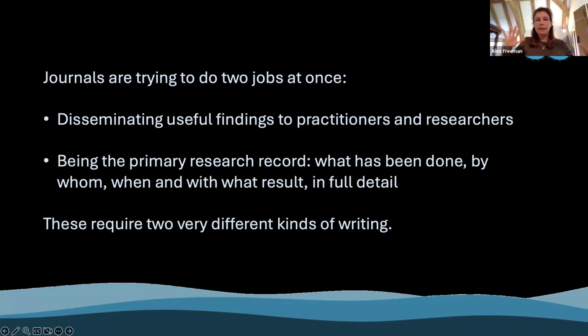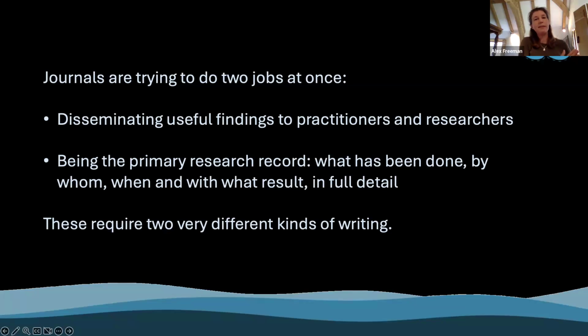So these two different things need totally different kinds of writing. So in the first case, for these kind of give me the take-home message, then a narrative, a story might make sense for that. But it absolutely doesn't for the second.